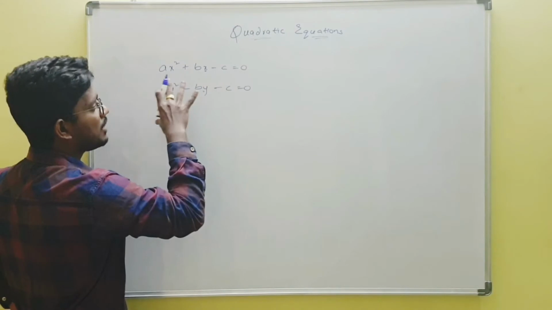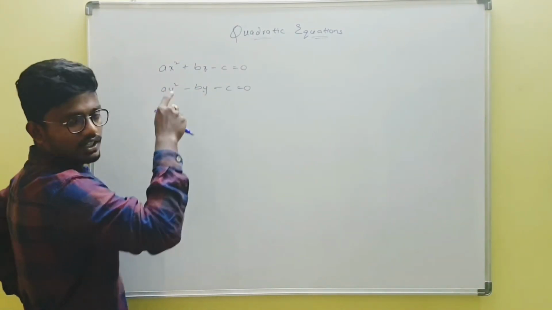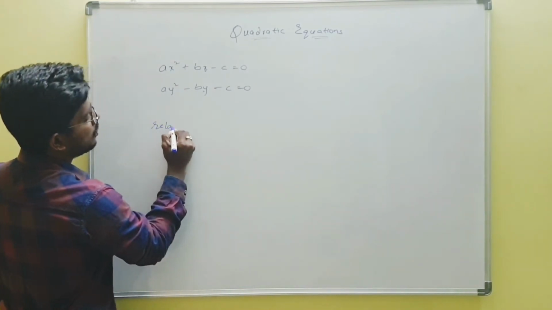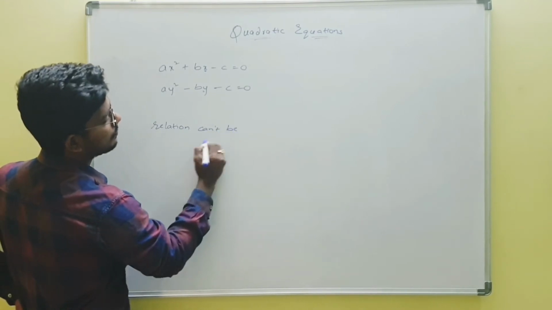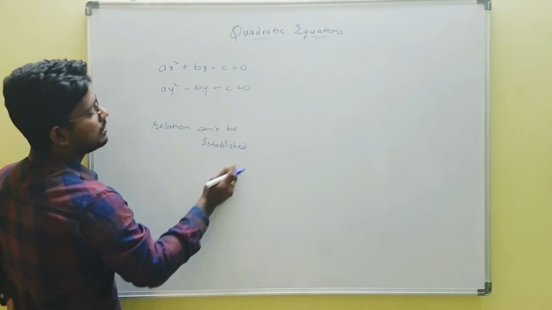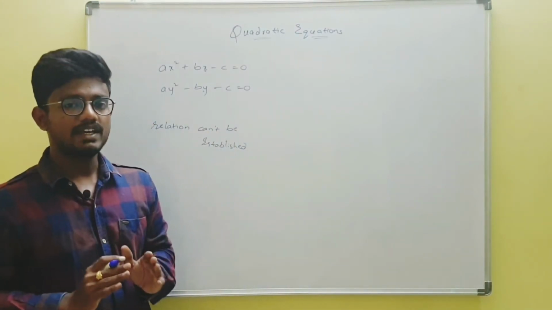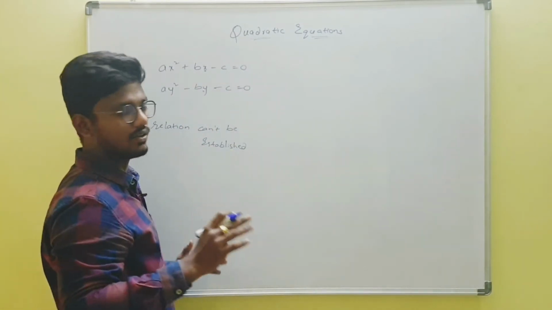In such type of cases, the relationship between the two roots cannot be established. We can directly say that the relationship between those two equations will not be established. There is no need of solving these two equations and finding the roots.